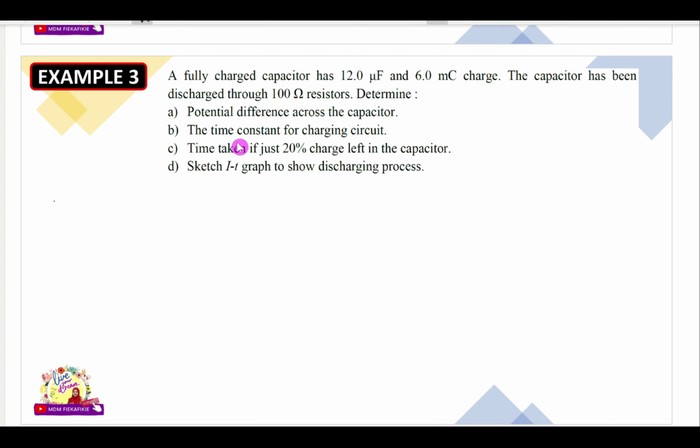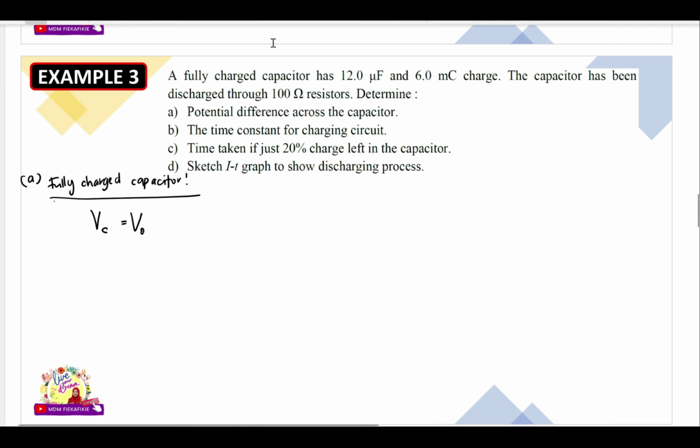Okay, so when the capacitor is fully charged, okay, for A, when the capacitor is fully charged, means that voltage across the capacitor is equal to voltage that supplied to the circuit lah. Okay, equal to supplied voltage V0.